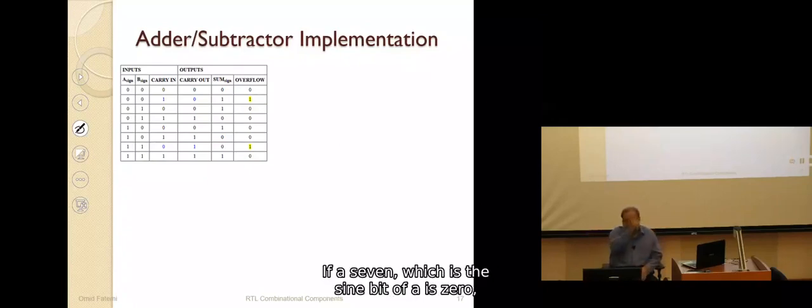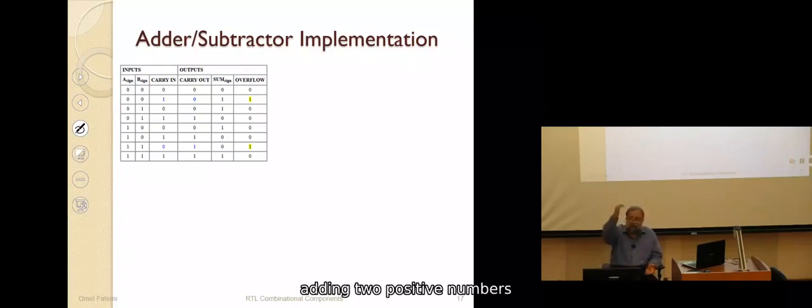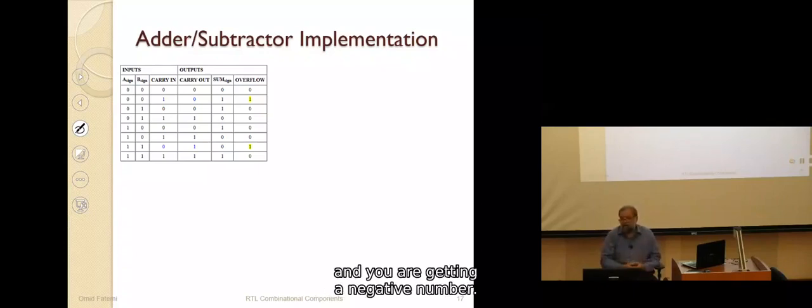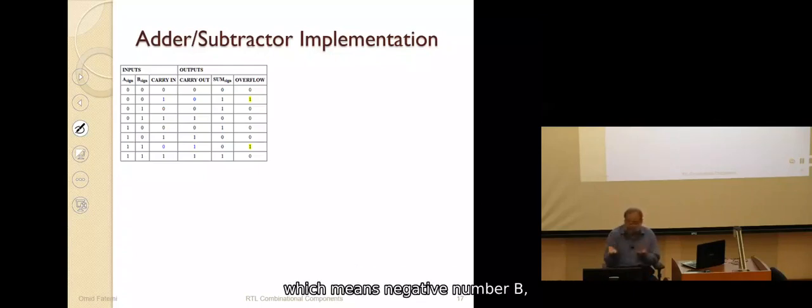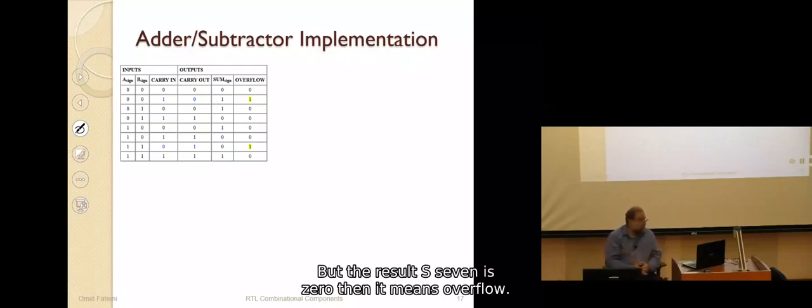If A7, which is the sign bit of A, is 0, B7 is also 0, and S7 is 1, it means overflow happened because you are adding two positive numbers and getting a negative number. Or you could see if A7 is 1, which means a negative number, B7 is 1, which is a negative number, but the result S7 is 0, then it means overflow.